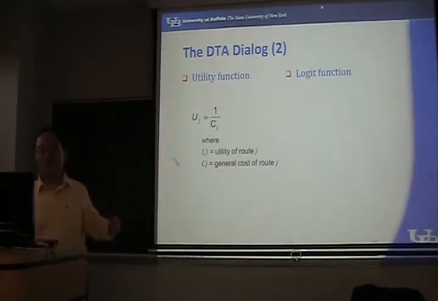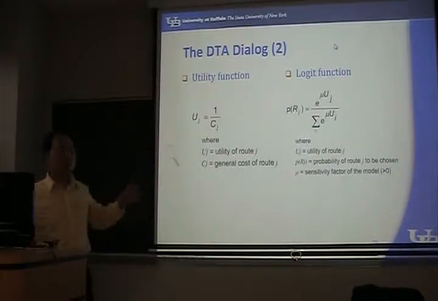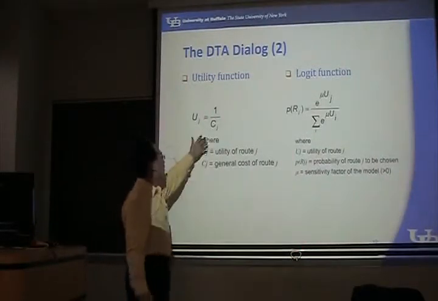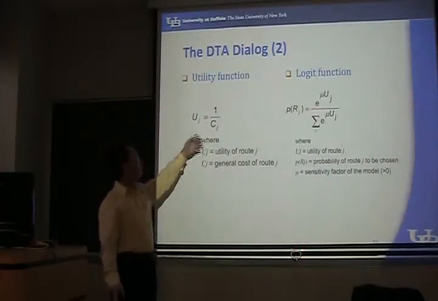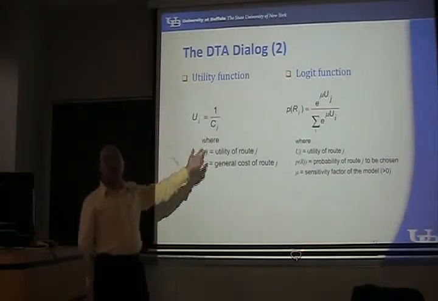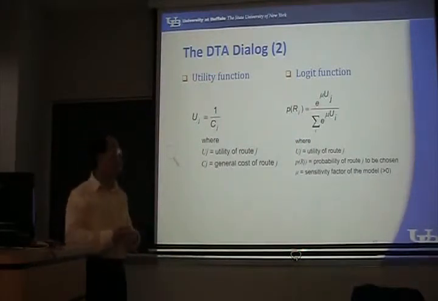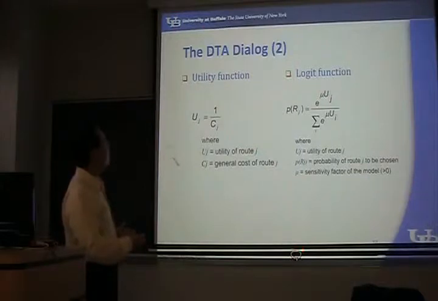And after we get the utility function, the first way to use it is to select several paths. For each path we have a cost, and then we can create its utility. The way to select the path is by this logit function.